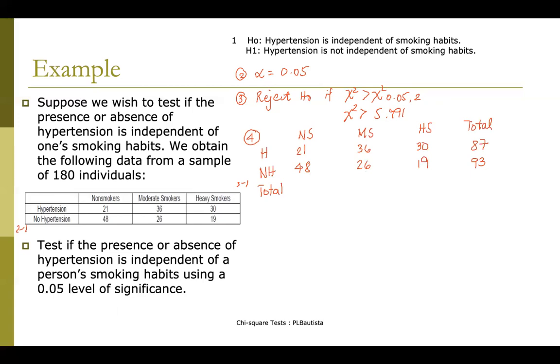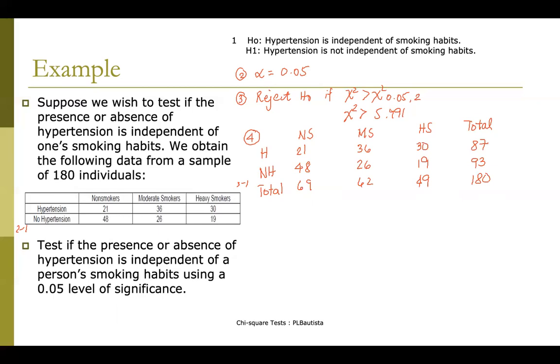Finally, getting each of the column totals, you would have 69, 62, 49, and a grand total of 180. So all of the numbers that we see here are observed values.